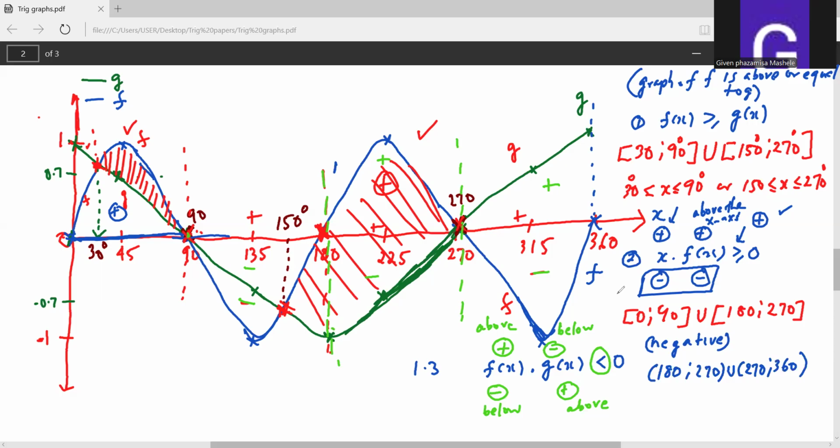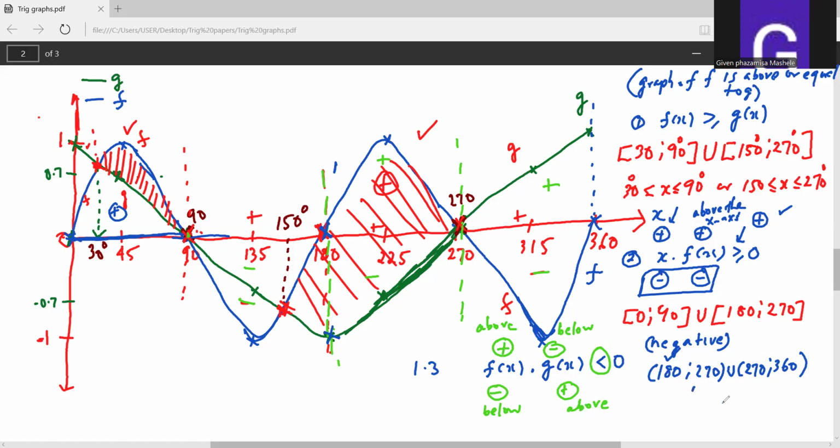But now look at this, guys. There's something at 180, the point where this one is 0. It's not above. It's fine, it's 0 actually. So you're going to say from 180 to 270, or from 270 to 360.